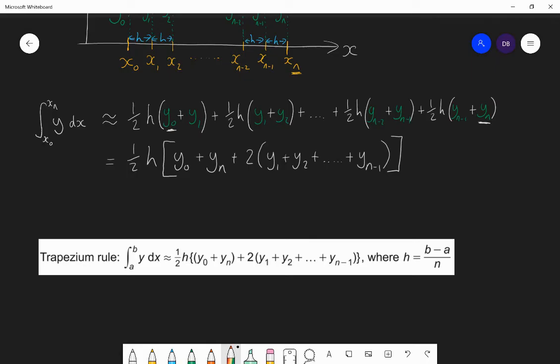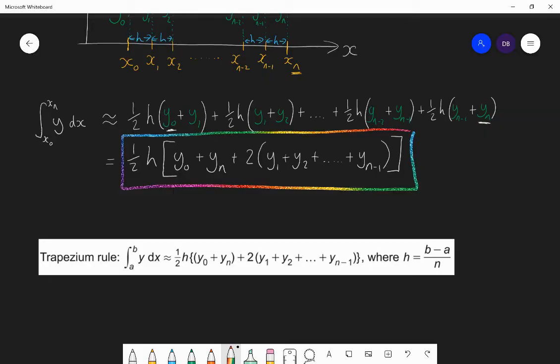So here, this formula, which we have understood and created, where we're doing half of the distance between the different parallel sides multiplied by a single y value for the end y values, so y0 and yn, and then 2 of every other one, matches up exactly with this, which is what you're given.